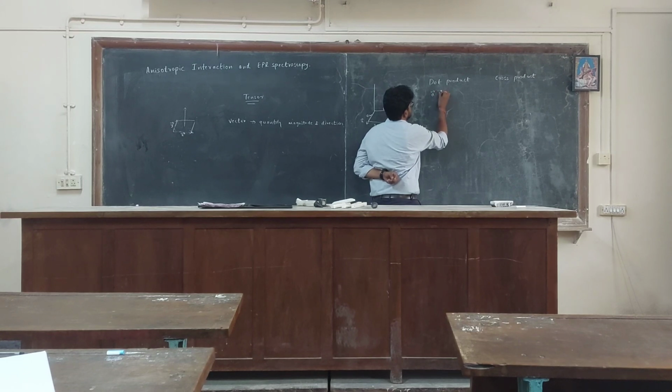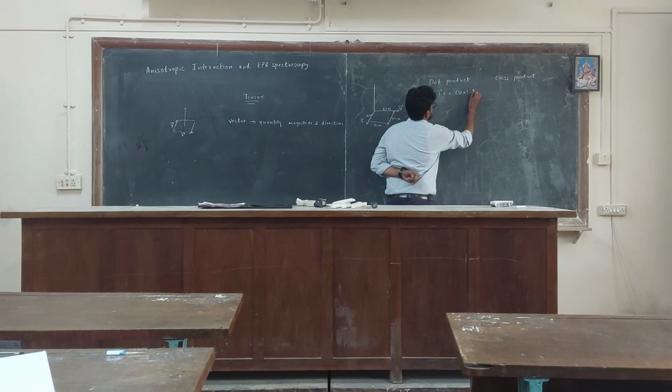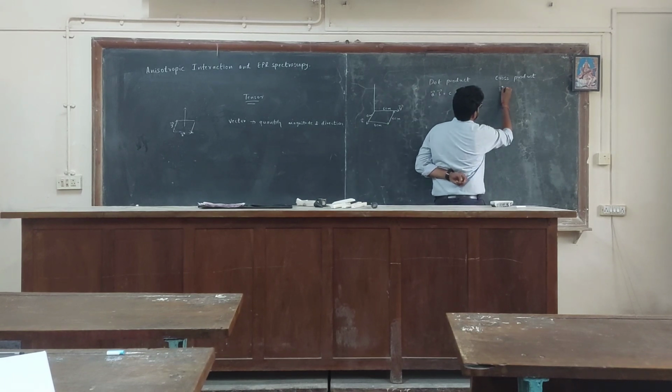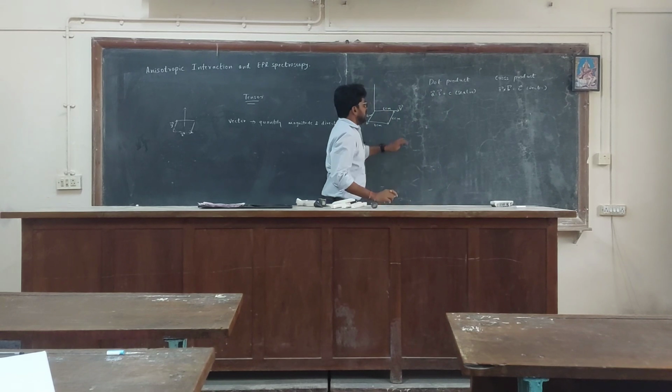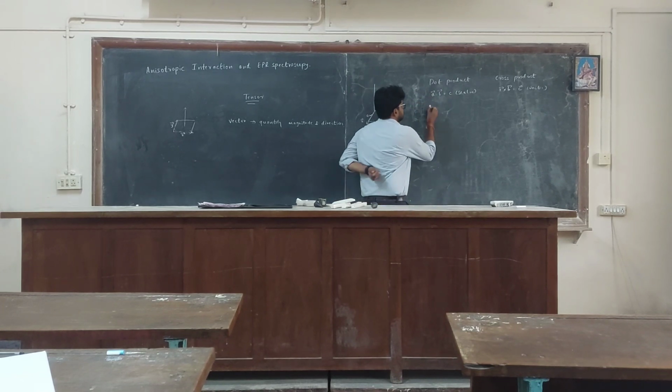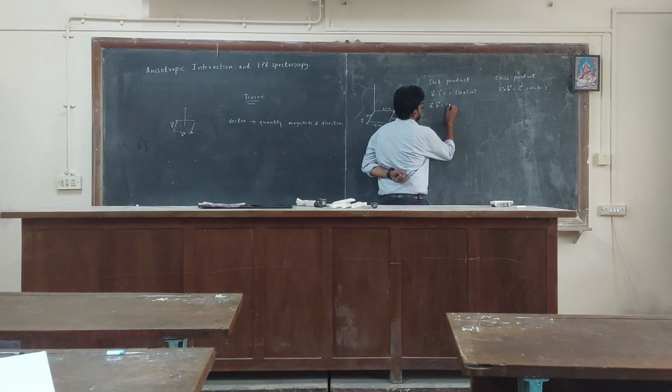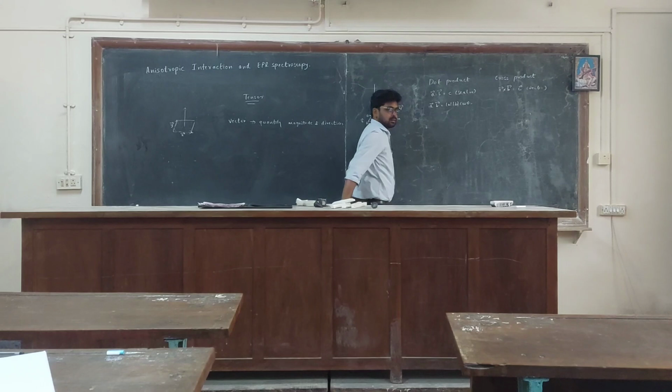The dot product of two vectors, say A dot B, gives some scalar quantity, whereas the cross product of two vectors in turn gives a vector. The dot product is given by the formula A dot B equals magnitude of A, magnitude of B, cos theta, where theta is the angle the two vectors make between them.